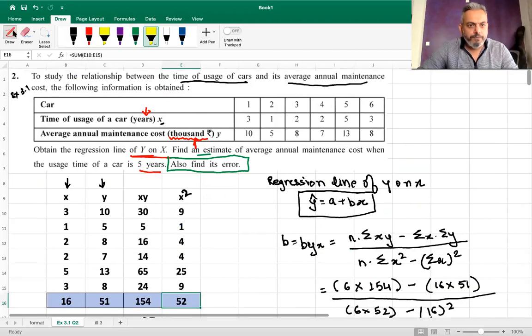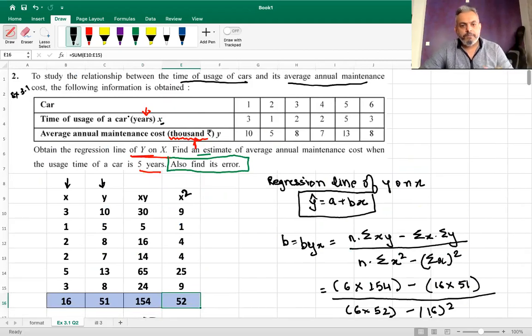Now, over here, we have to also find its error. Now, what exactly is this error? Let's understand.